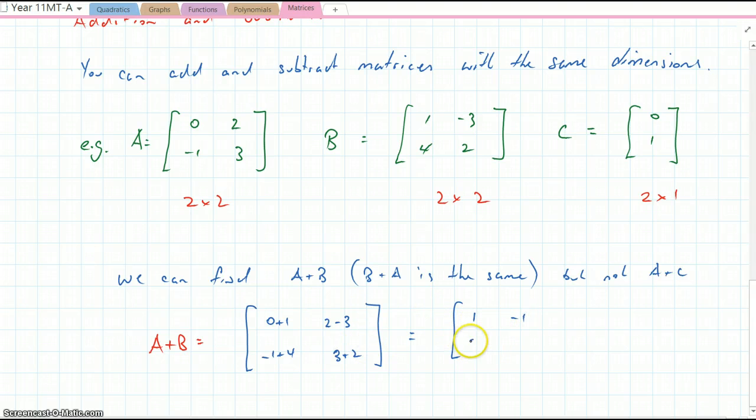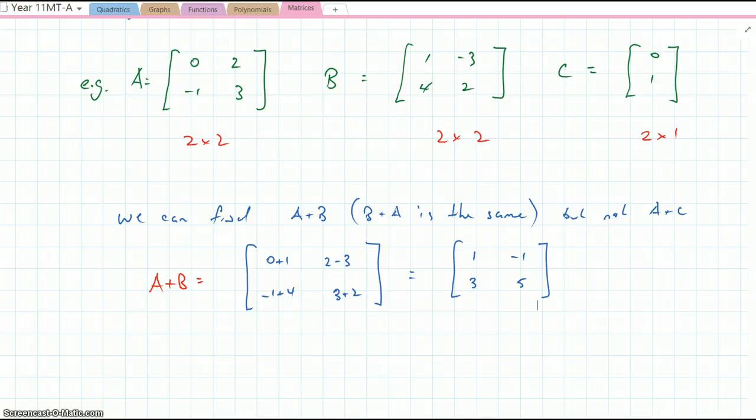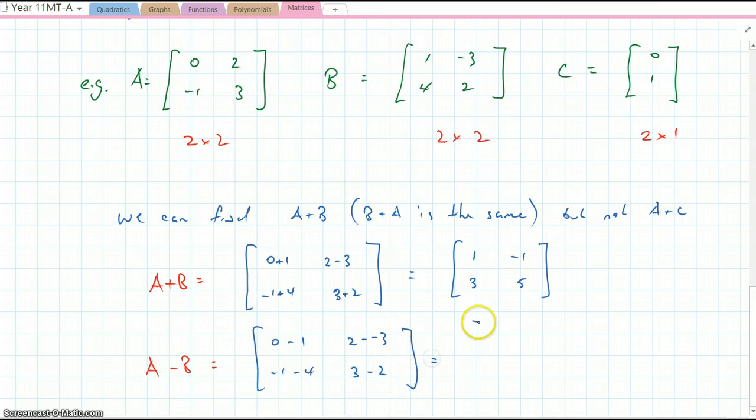Your result is that there. That's A plus B. A minus B is going to be 0 minus 1, 2 minus 3, minus 1 minus 4, 3 minus 2. So we've got minus 1 here, 5 here, minus 5 here, and 1 there.